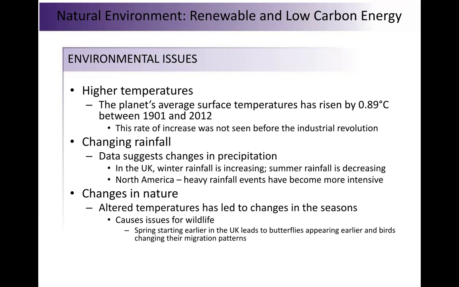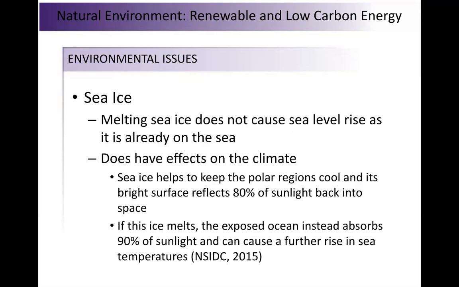Changes in nature. Altered temperatures have led to changes in seasons, causing issues for wildlife. Spring starting earlier in the United Kingdom leads to butterflies appearing earlier and birds changing their migration patterns. And we see the same thing happening here in North America.